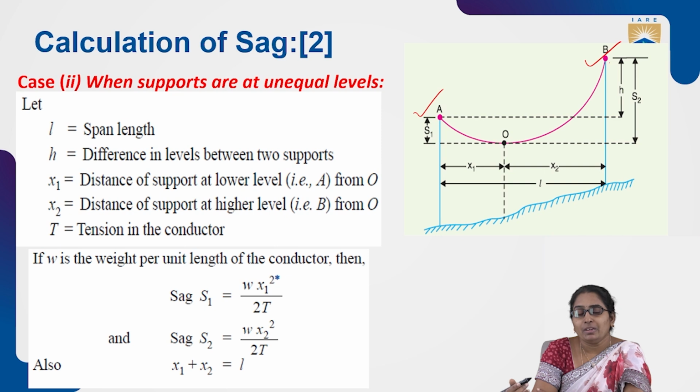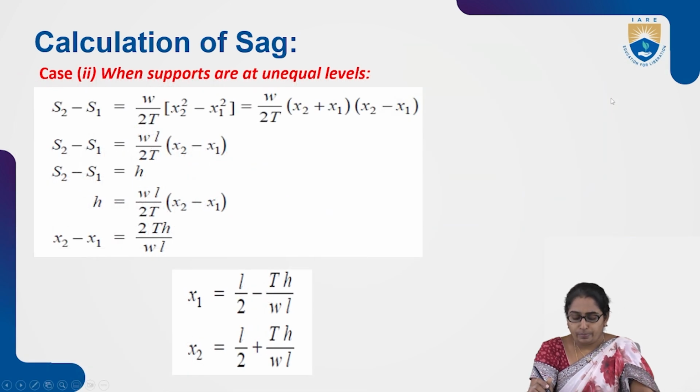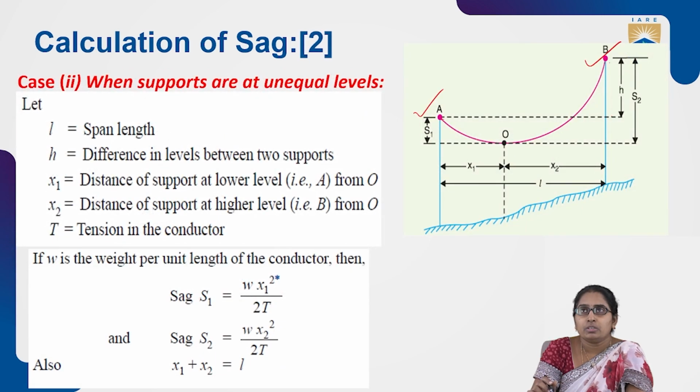Small l is the span length, the distance between the towers, and small h is the difference in levels between the supports, from the tip of one support to the tip of the other.